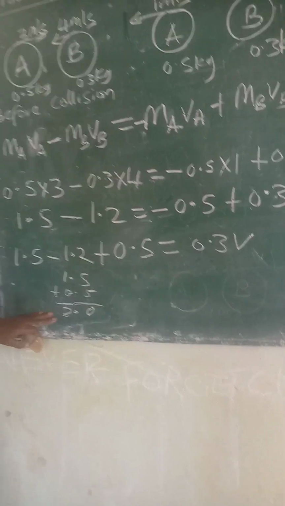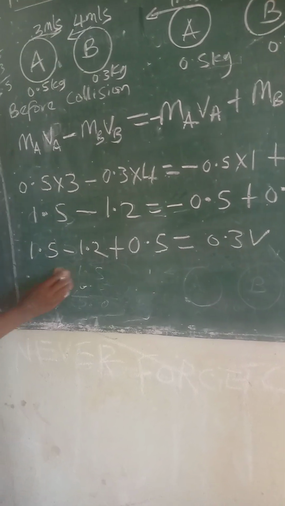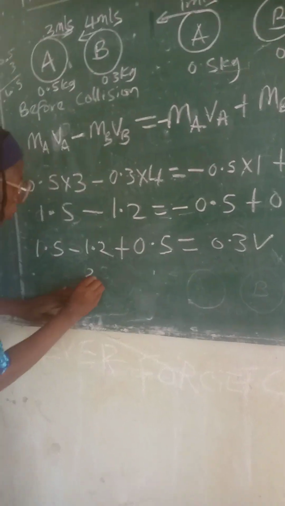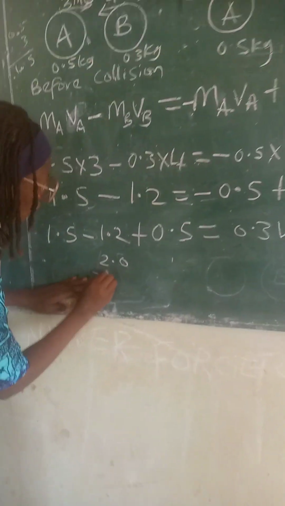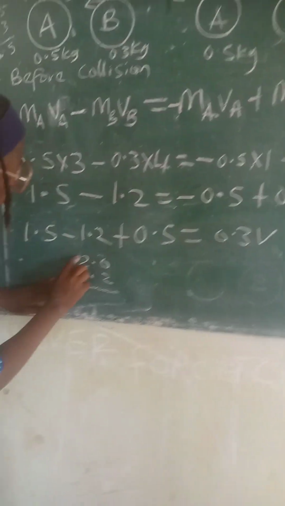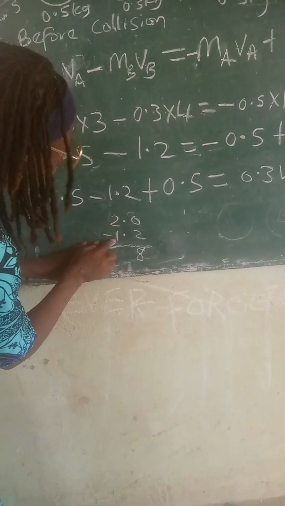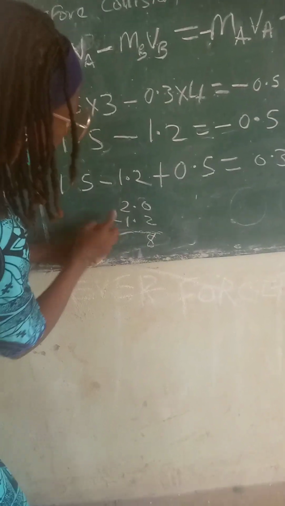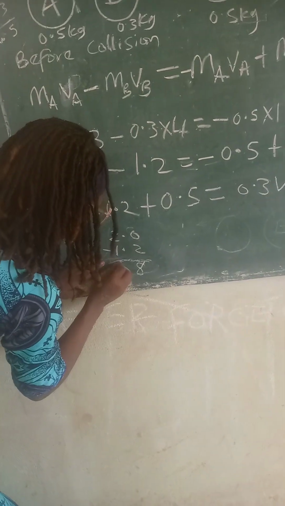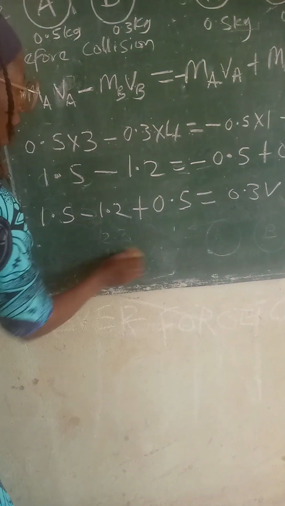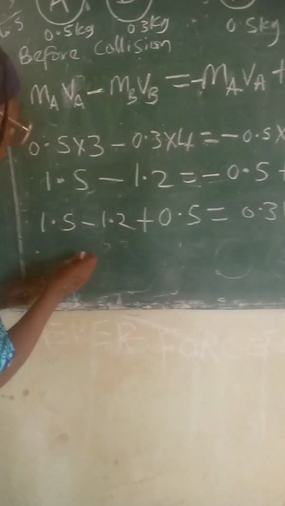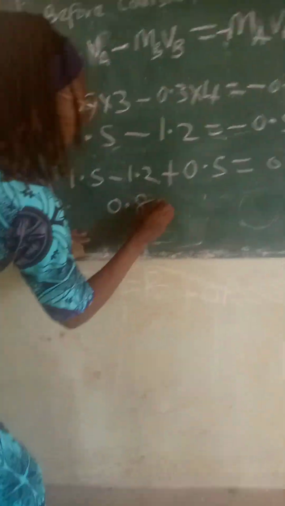Then 2.0 minus 1.2: you borrow 1, you have 10 minus 2, we have 8, then 1 minus 1, so we have 0.8.